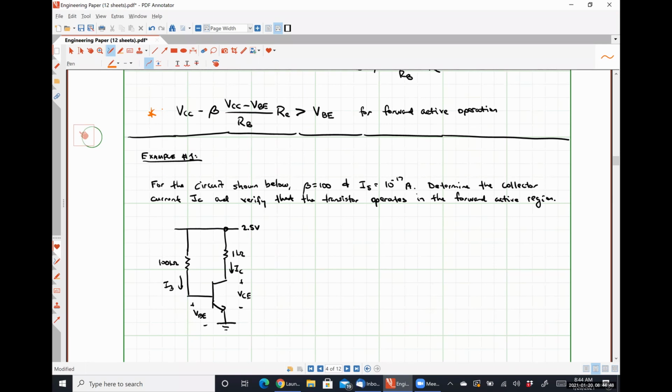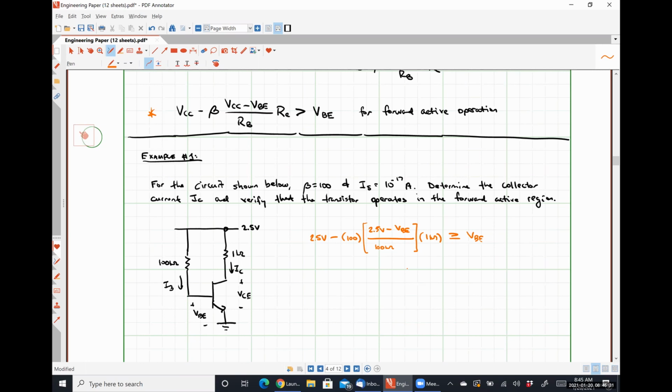We would have 2.5 volts minus 100 times (2.5 volts minus VBE) divided by RB, which is 100 kilo ohms, times RC, which is 1 kilo ohm, greater than or equal to VBE. When I have 100 multiplied by 1,000, I get 100,000 in the numerator and 100,000 in the denominator. Does everybody see that?